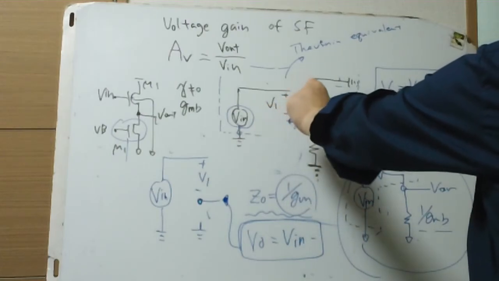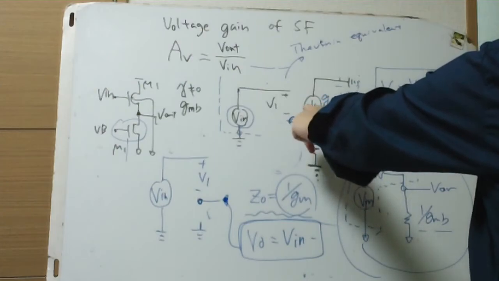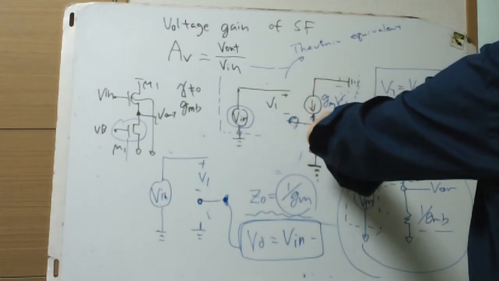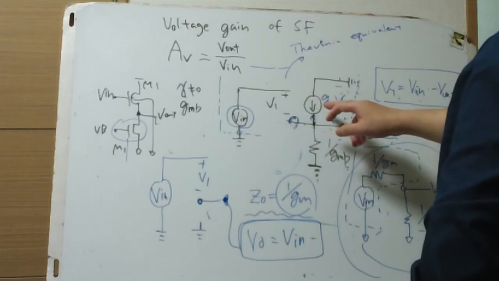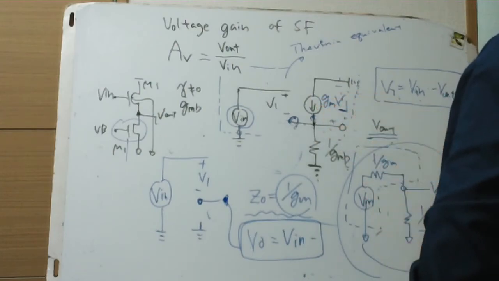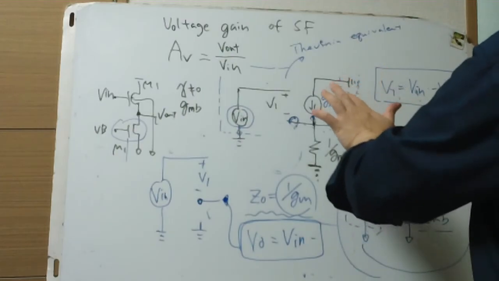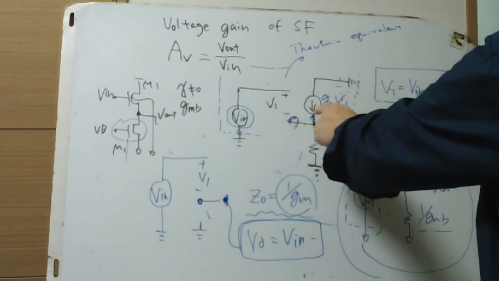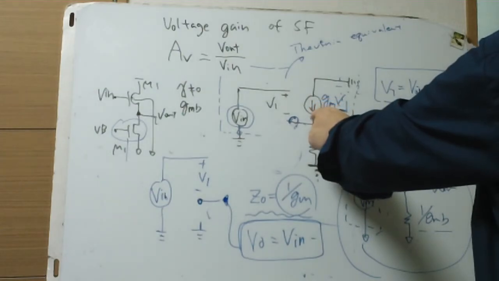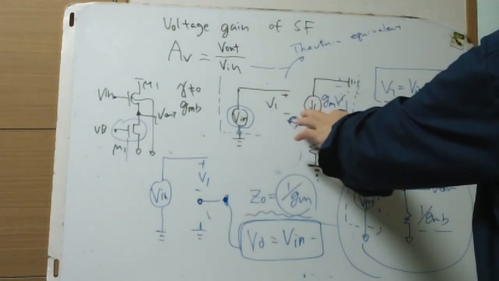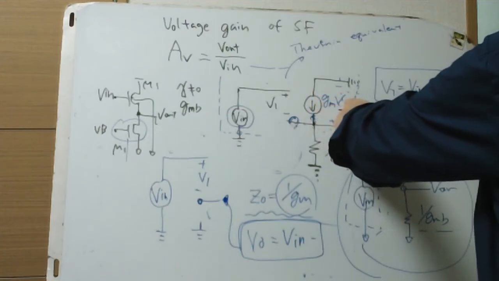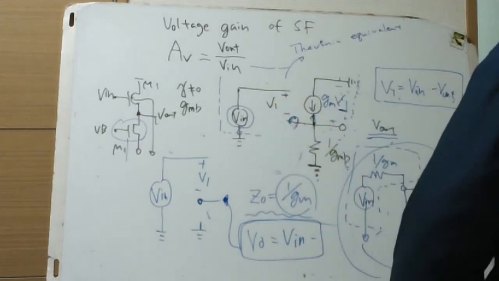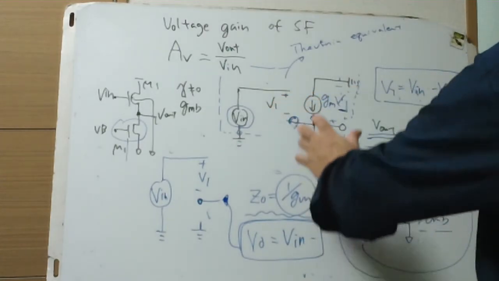And V1 is shorted. This is open. There's no current. When this is open, there's no current, which is equal to V1 equals 0. So for an independent current source, when the current is 0, the control voltage is 0.